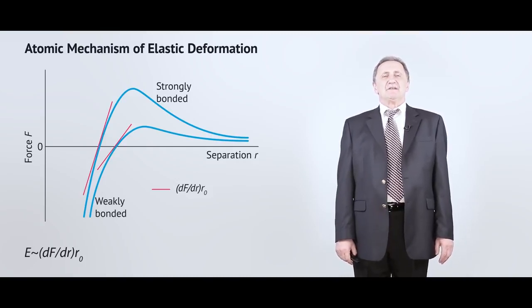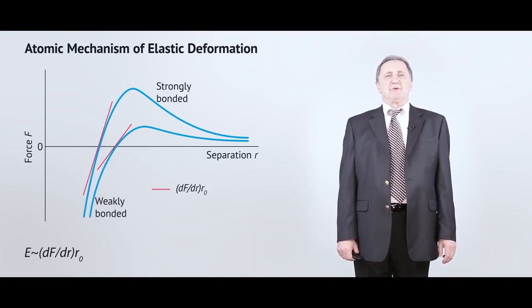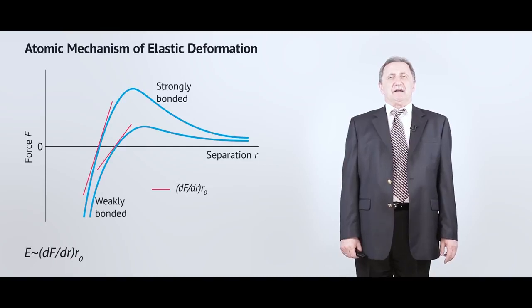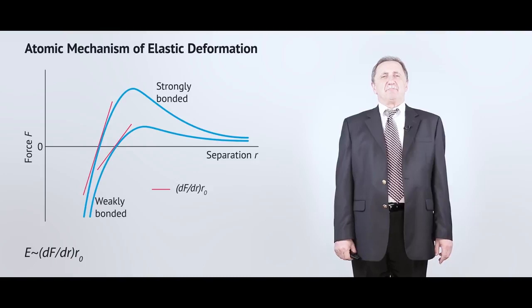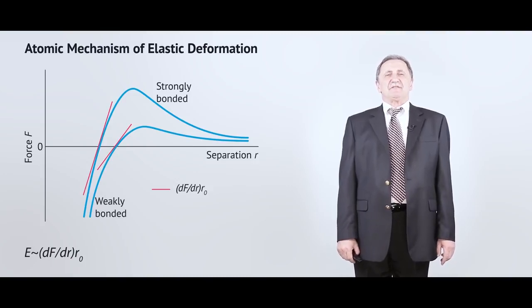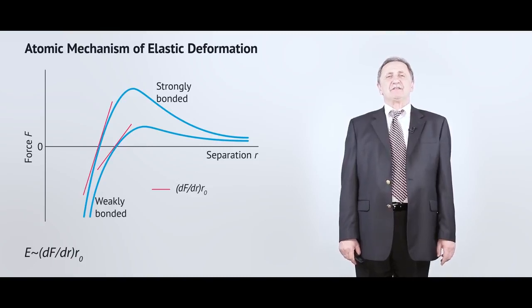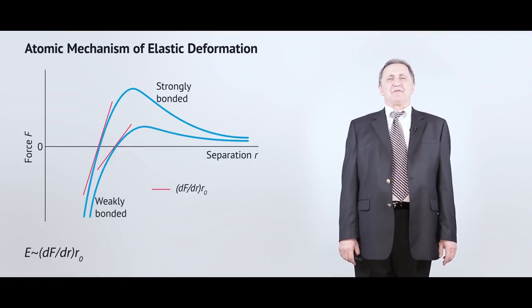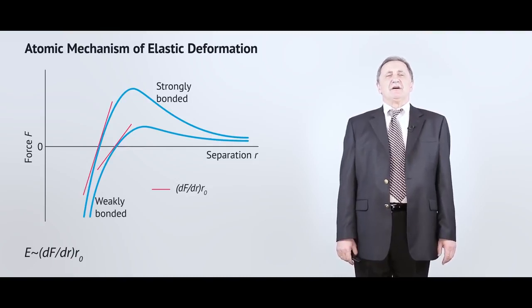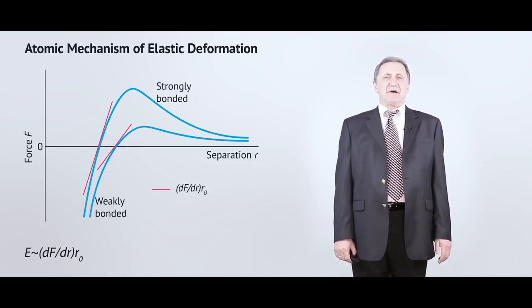Now, when we start to apply the load, the stiffness of the bond will be proportional to the derivative of the force at the point R equals R0. The larger the derivative, the stronger the material will resist this kind of elastic deformation.